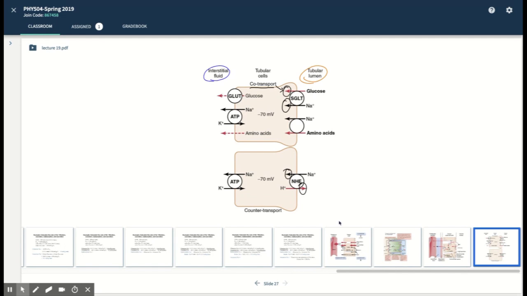Sodium's in black, and what it's fueling the movement of is in red. I don't typically use the word counter-transport, because that's not usually what's used when we're referring to your sodium proton pump down there. NHE is the sodium proton exchanger. Usually we'll talk about co-transporters and exchangers. Exchanger just means antiport, your counter-transport.